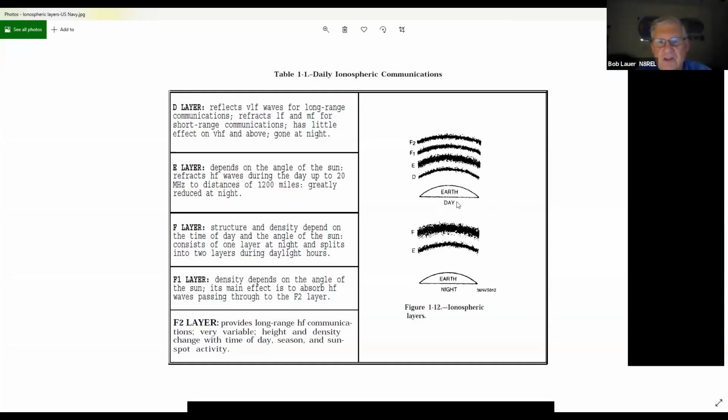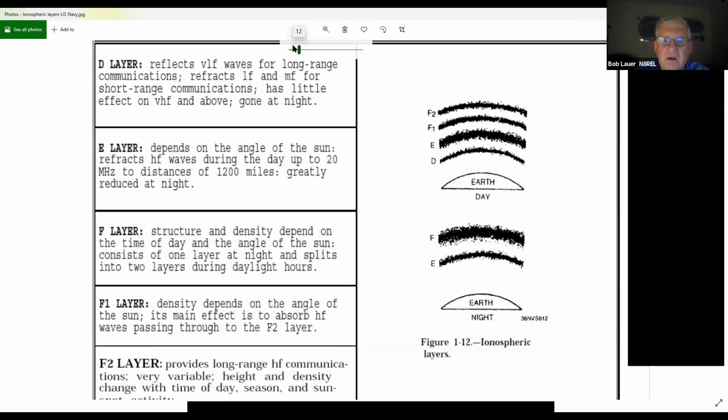Now, the different layers of the atmosphere, these are important, and there are some test questions on them. But the first concept to understand is the atmosphere is different day and night. During the day, let me make it a little bigger here.